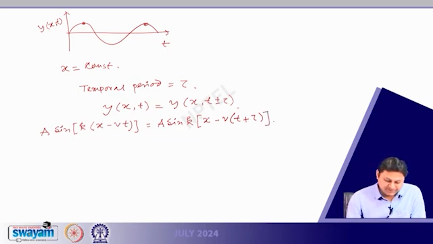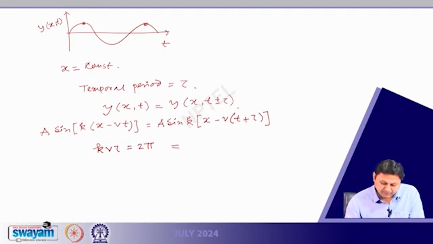So from these two equations, again I can have an equation: k multiplied by v multiplied by tau has to be 2 pi, like in the previous case. And from here I can have tau to be 2 pi divided by v multiplied by k.